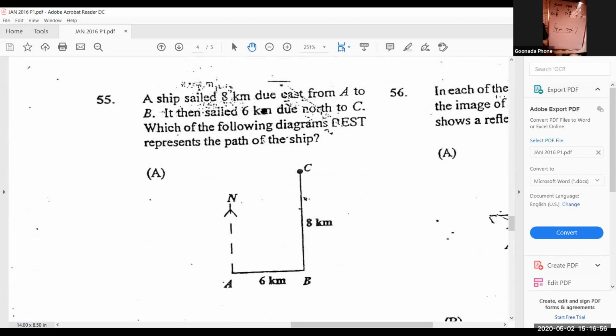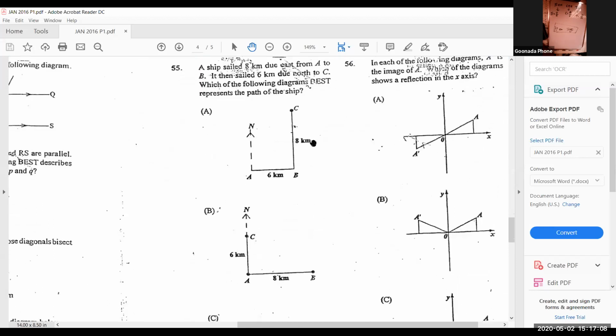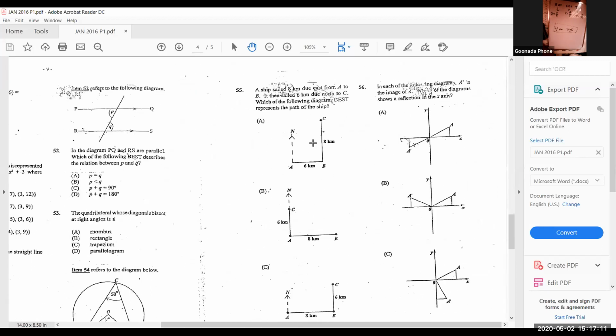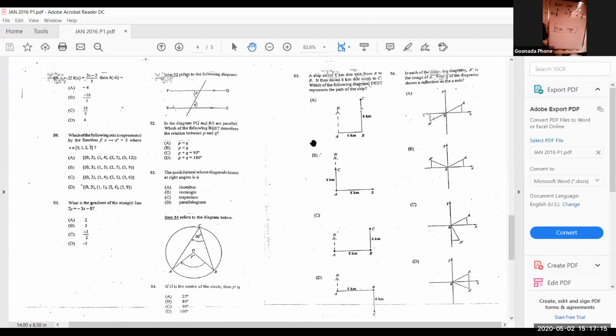A ship sailed 8 kilometers due east from A to B. Then it sailed 6 kilometers due north to C. Which of the following best represents the path of the ship? We have one going 8 kilometers east here, here, and here.